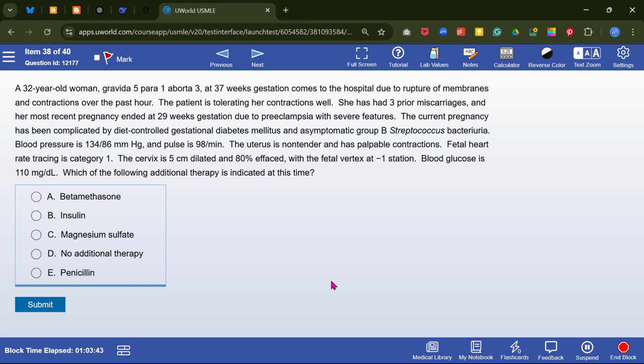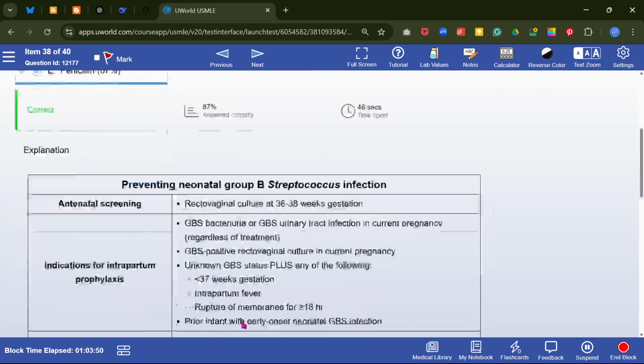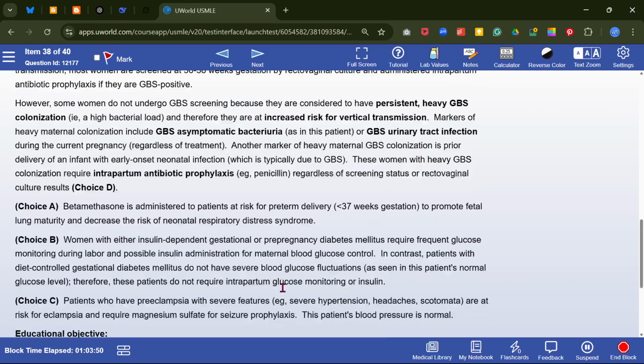Her group B streptococcus is positive. We should give penicillin, because already after 32 weeks the lung starts producing its own steroid, so corticosteroid is not given.